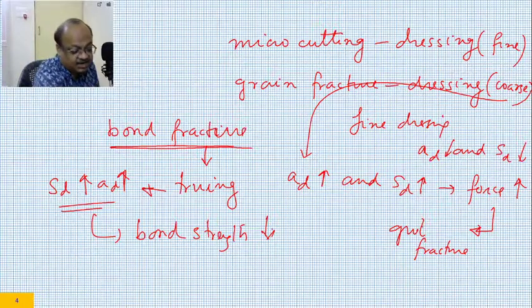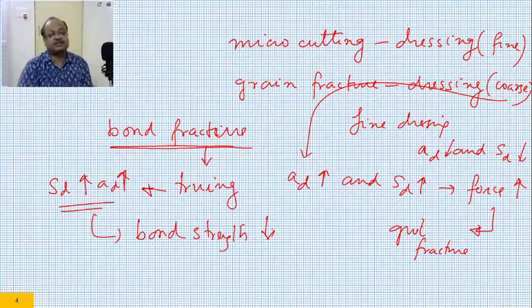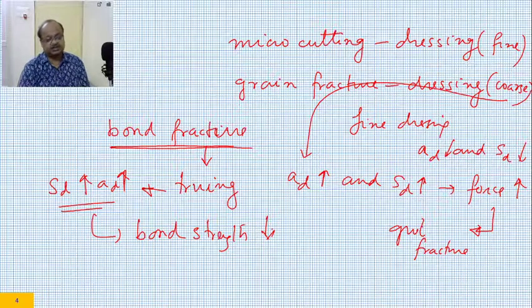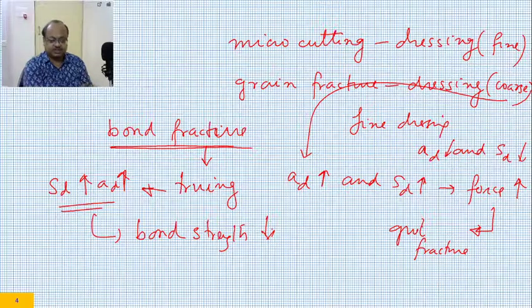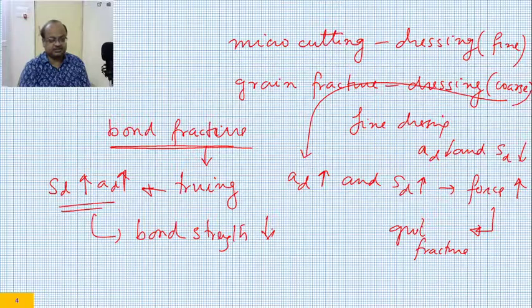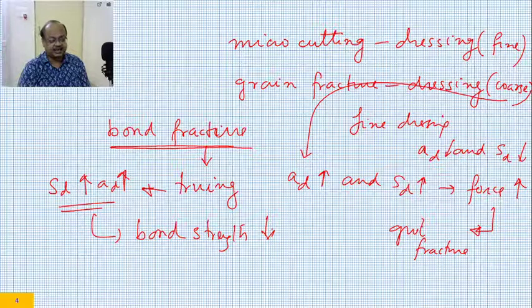So this is the underlying mechanism of what happens during truing and dressing process. During truing and dressing, grits and bonds are removed from the wheel. During truing, the bond and grit are removed so that it becomes concentric, and during dressing, either grits are micro cut or they are fractured so that more cutting points are generated. The wheel regains its ability to grind and form chip, and it becomes much more open.